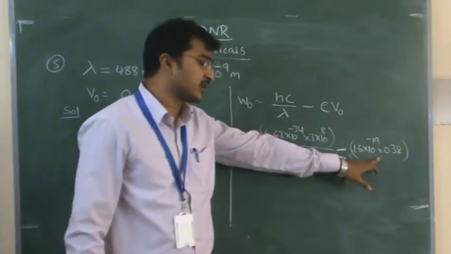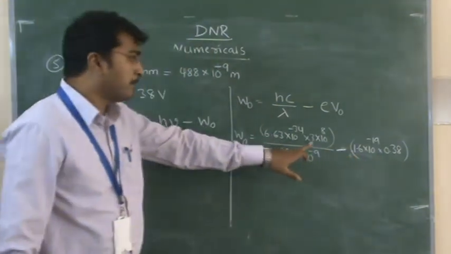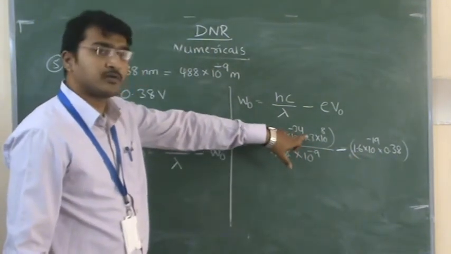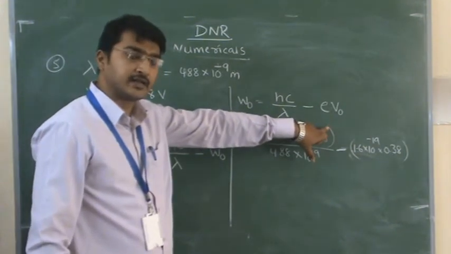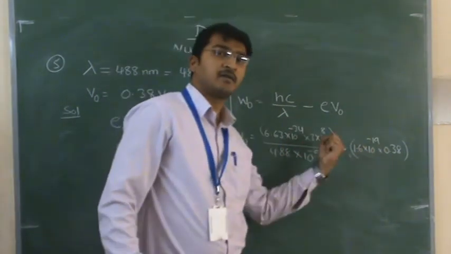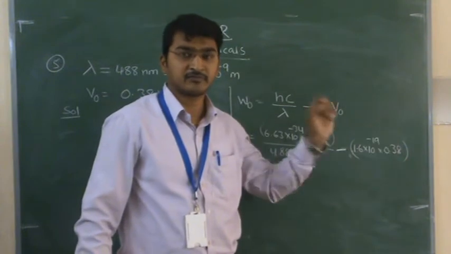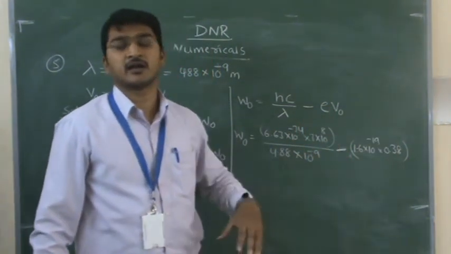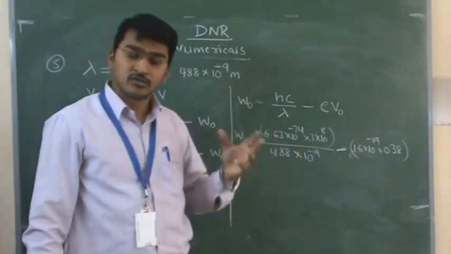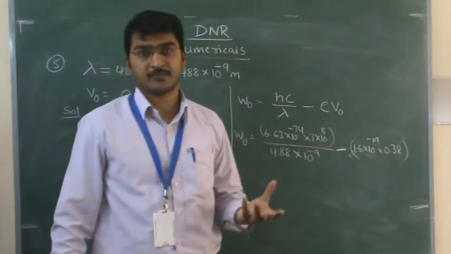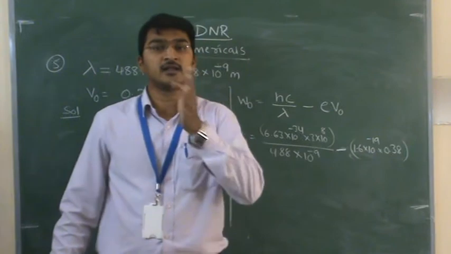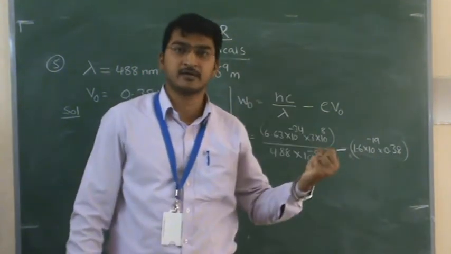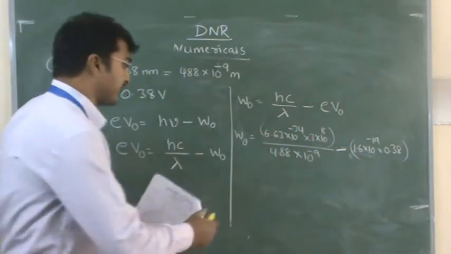For example, if you got here 10 to the power of minus 19, make sure you convert it so here also the power should be 10 to the power of minus 19. Then only you can take the power common. So remember this very important point. While you are adding or subtracting two different values which include 10 powers, first you make the 10 powers the same. Then you take the powers common, then you can do it. So that's a better way.